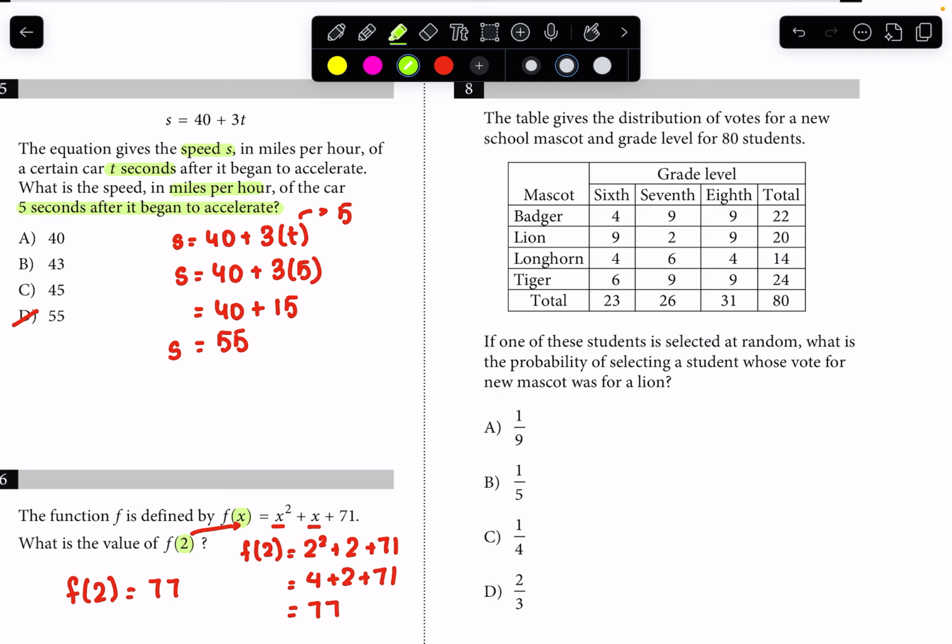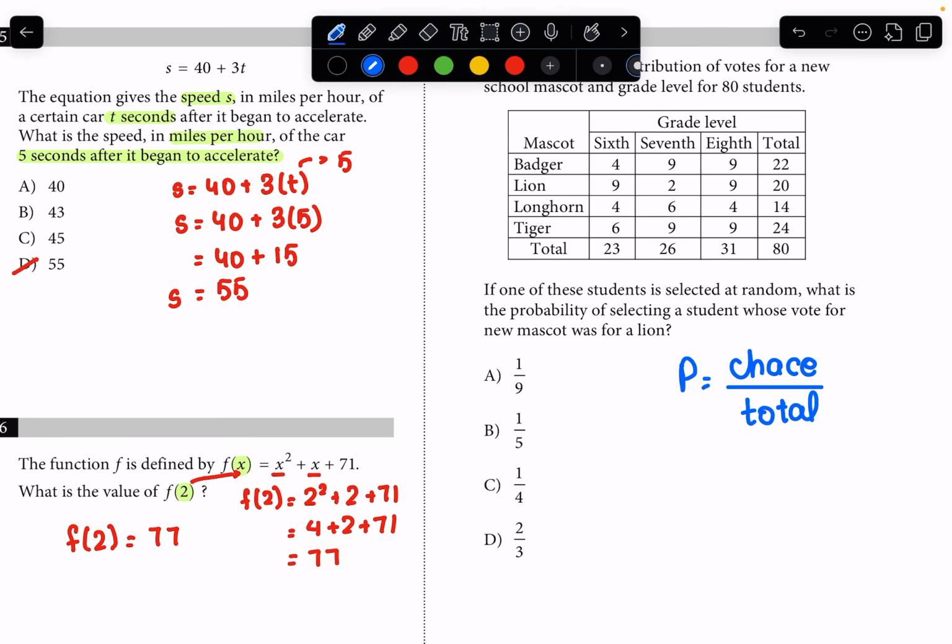So in here, we're just playing around with probability. Probability is what are the chances, okay? What is the chance, in easiest terms? It is what is the chance over what is the total. So we are looking out for new mascot was for a lion. Lion is what we are looking out for, and new mascot is going to be the total.